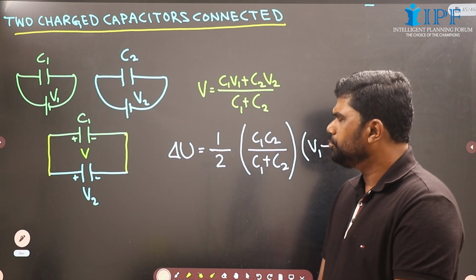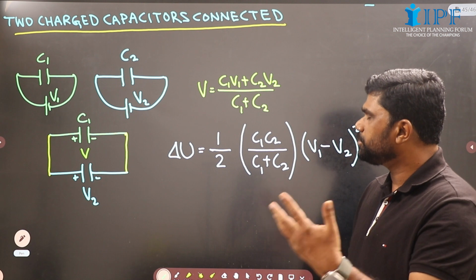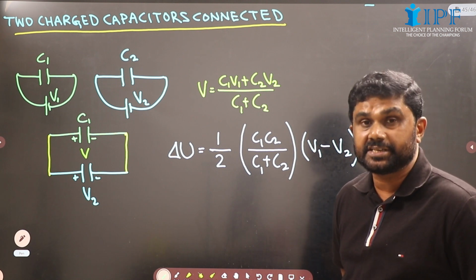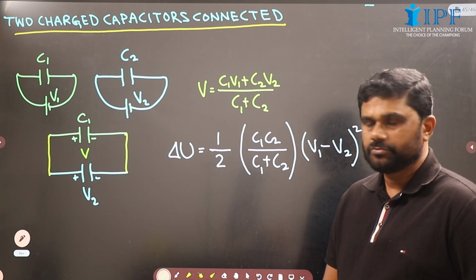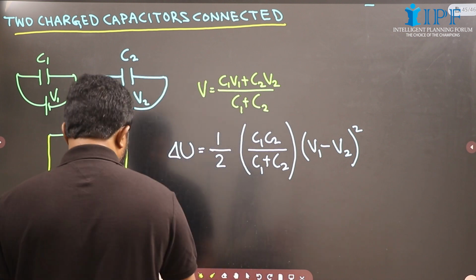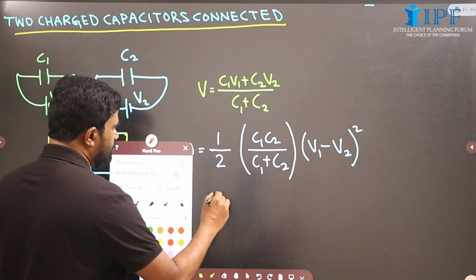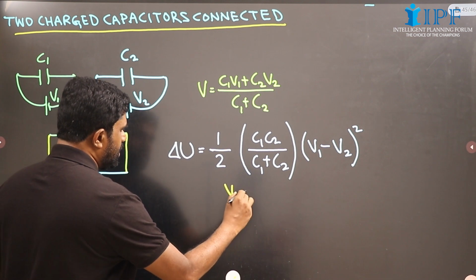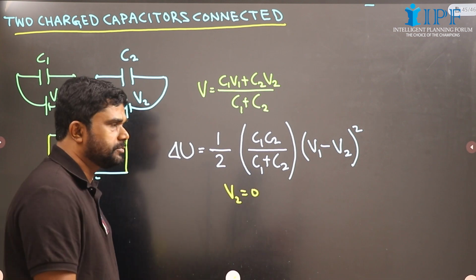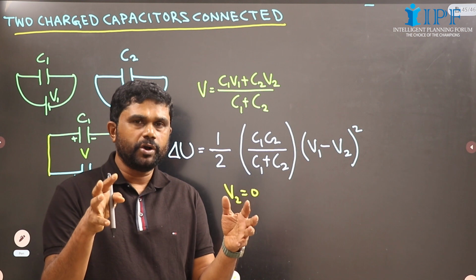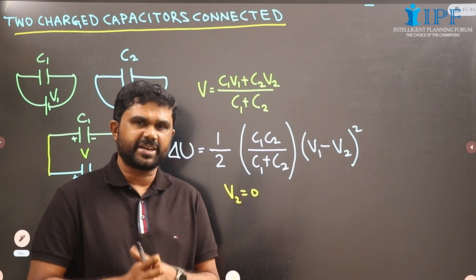Now suppose the second capacitor is initially uncharged. What does it mean? It means V2 will be 0. Then initially the whole energy was stored in the first capacitor.